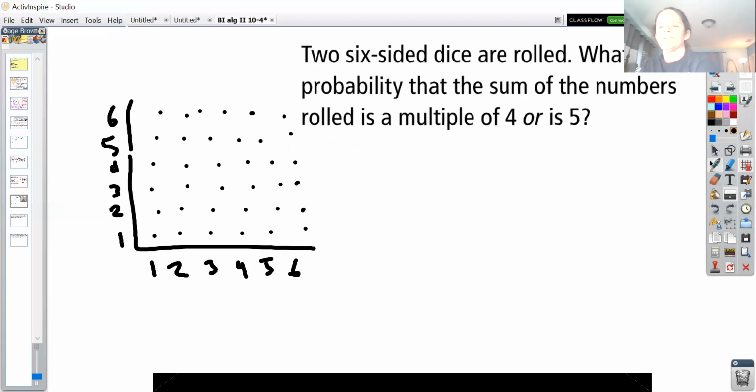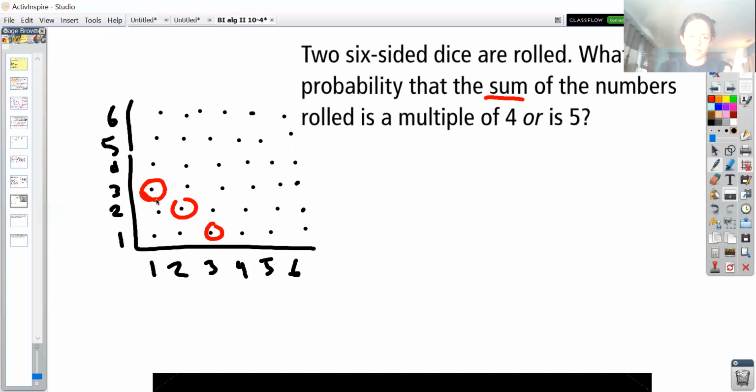And then in 3, 2, 1, here we go, finding the answers. So a multiple of 4 for the sum of the numbers. The sum of the numbers could be 4, which would be 3 and 1, 2 and 2, or 1 and 3. Or the sum of the numbers could be 8, right?